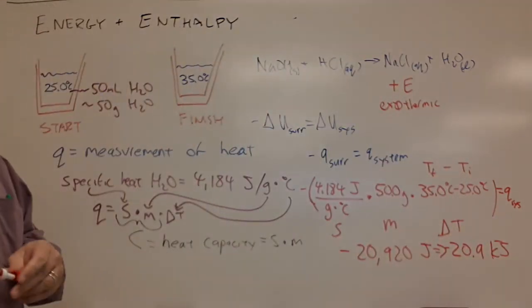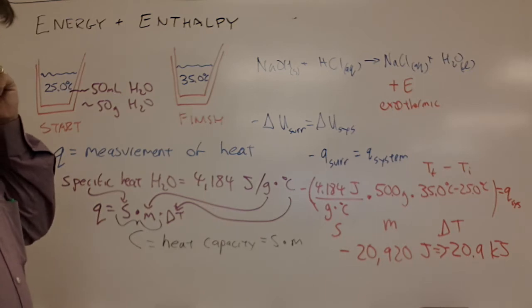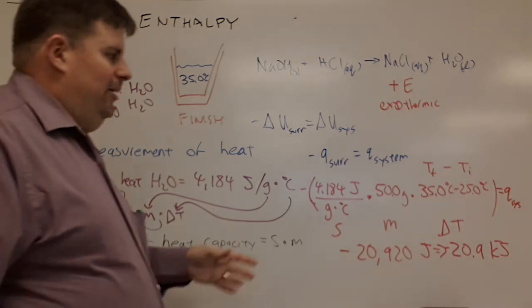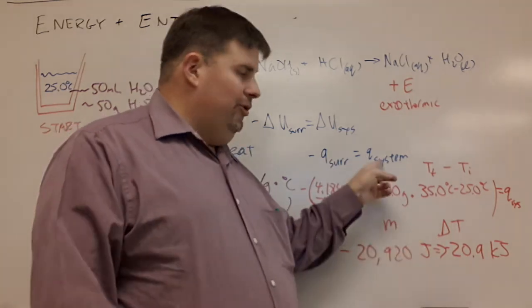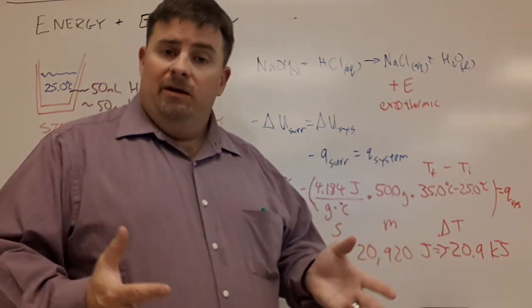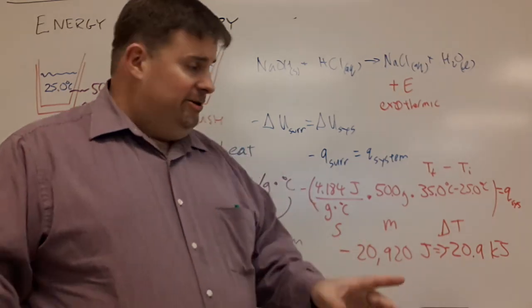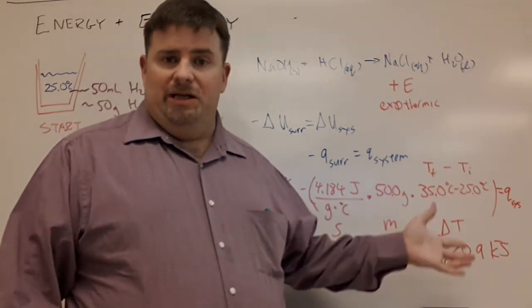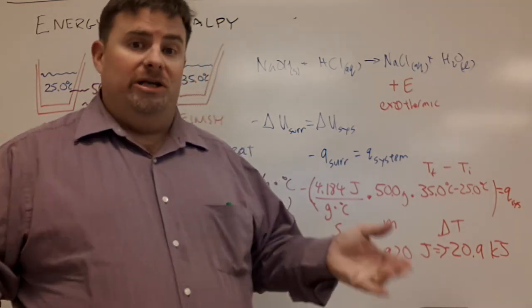Okay? And what that does is that represents what's going on in the system. That represents the amount of energy that the surroundings has absorbed, essentially, or the amount of energy that the system has released. Because this is an exothermic system, the negative Q is releasing energy to the surroundings, which is why we see a negative value for the system Q. It's the amount of heat that's been released by the system.